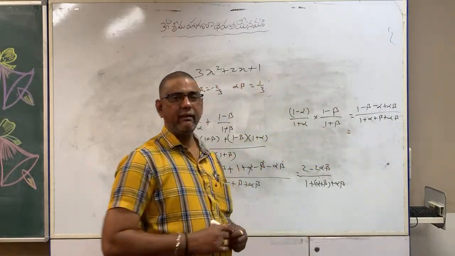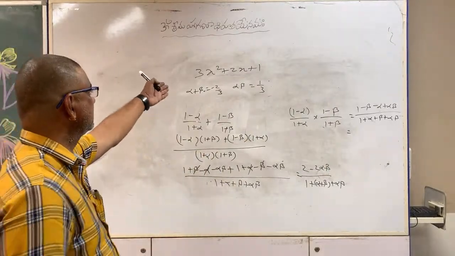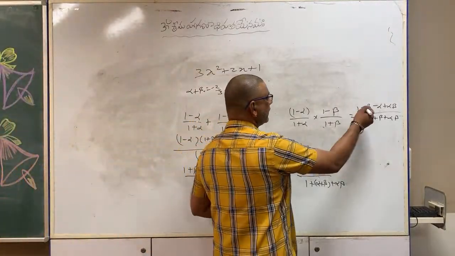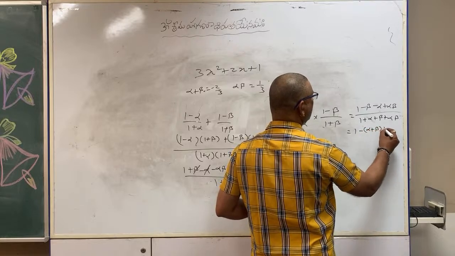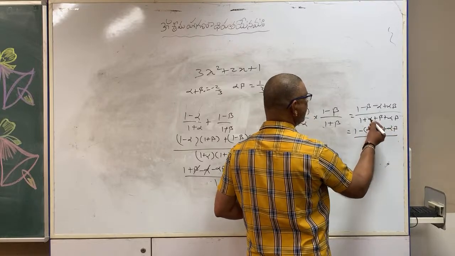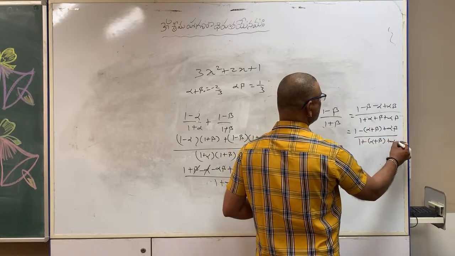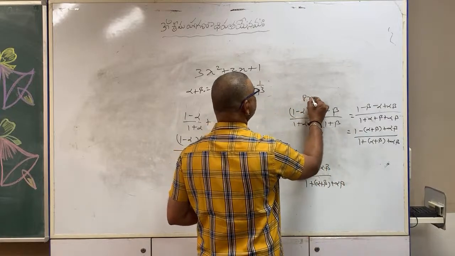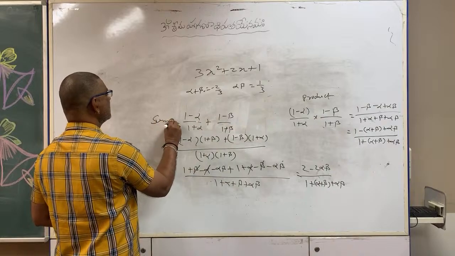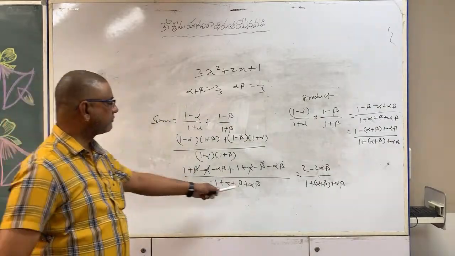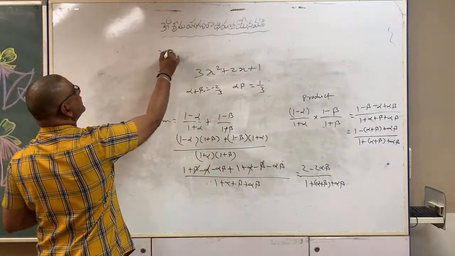And we need to convert everything in terms of sum of zeros and product of zeros. So here on the top, 1 minus of alpha plus beta plus alpha beta by 1 plus alpha plus beta plus alpha beta. This is the product of zeros. This is sum of zeros of the new polynomial. After finding these values, substitute those values in this formula.